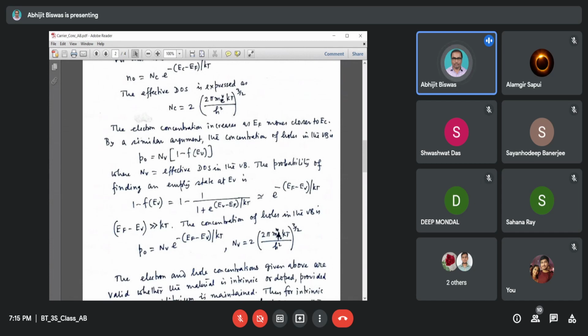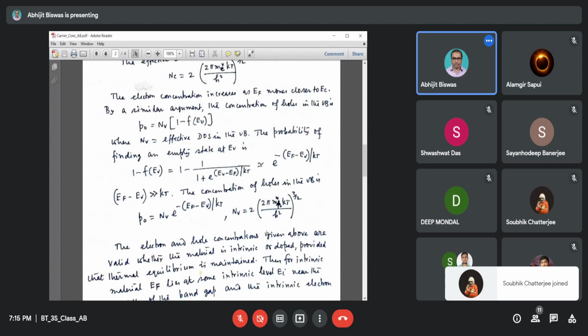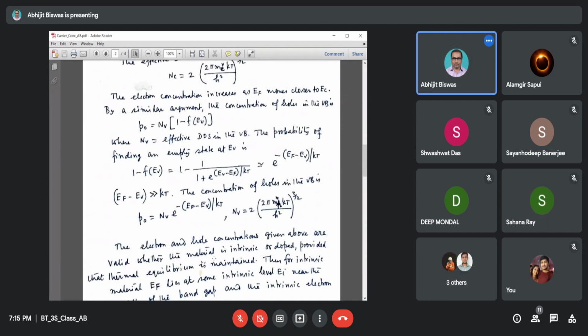And you must note that this EF minus EV is much, much higher than KT.